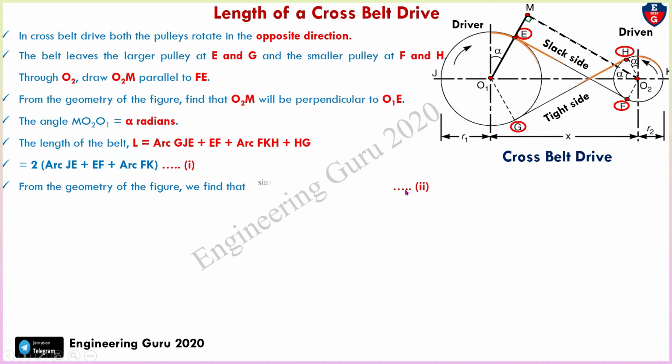Now from the geometry of the figure, we can find that sin alpha equals O1M divided by O1O2.